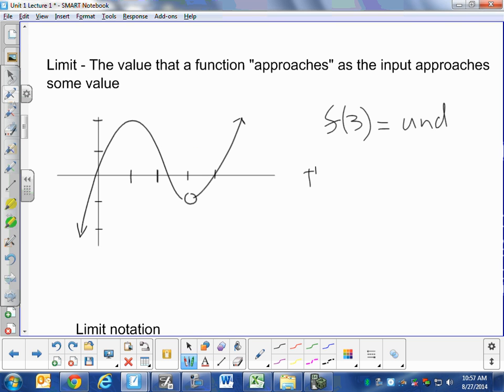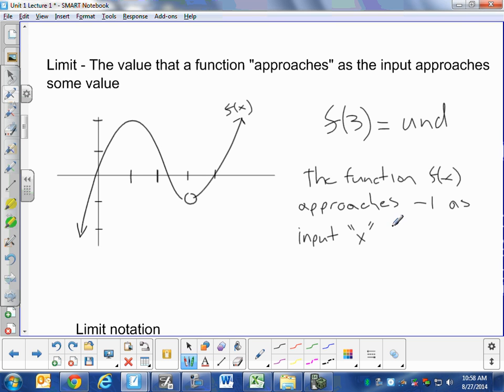The function f of x approaches, or gets really close to, -1, that's the function value, as the input for x gets close to 3.